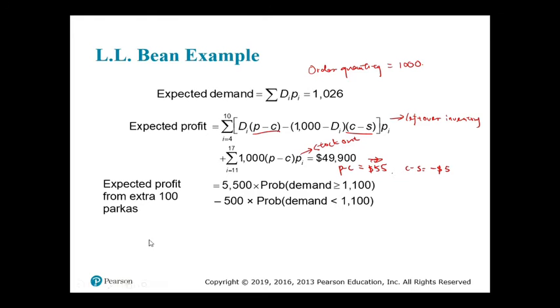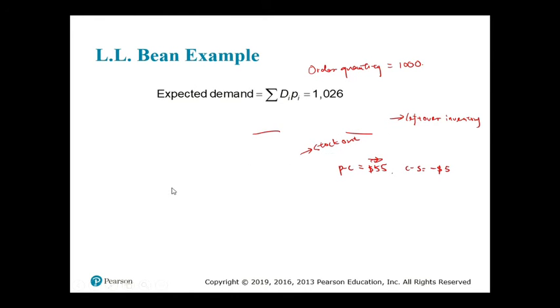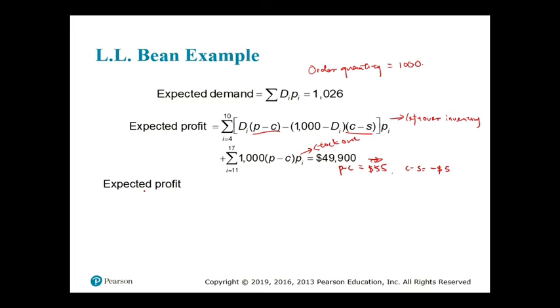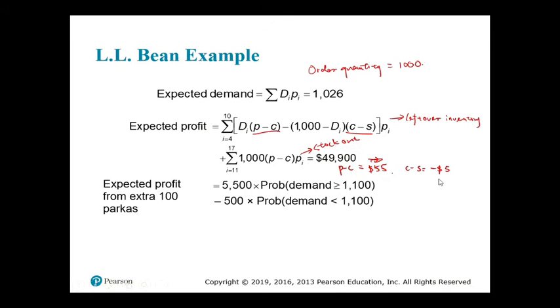Again, like this 100 parkas, since we use this discrete demand distribution, things are pretty easy in our demand realization. So if I order from 1,000 to 1,100, what's going to happen is either I'm going to have a demand that's higher than what I order or lower than what I order.